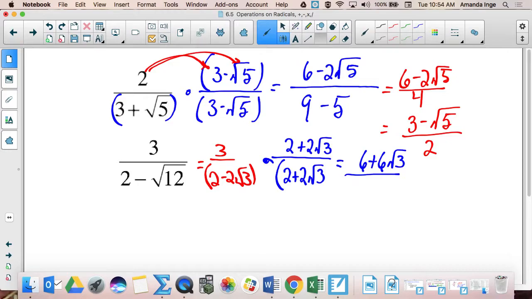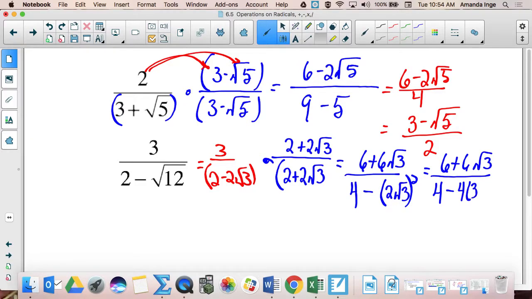So if I multiply the conjugates together, I'm going to get the first term squared, which is 4, minus 2 square roots of 3 squared. That's 4 minus 4 times 3.